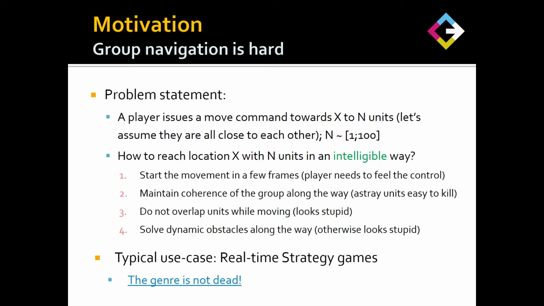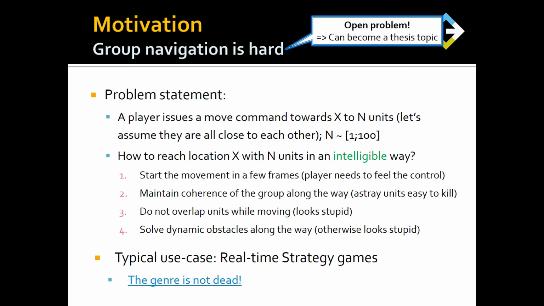The intelligible can be characterized as starting the movement fast, in a few frames at maximum, maintaining coherence of the group along the way, not overlapping units while moving, and not getting trapped by dynamic obstacles or placed buildings. And actually that's an open problem, as it always faces the real-time requirement. You have to do it fast, even n log n may be a problem.